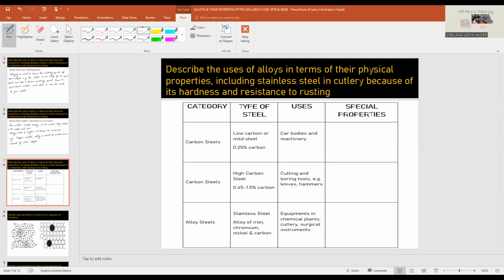Here is a list of carbon steels along with their type and uses. The uses are due to special properties of carbon steel. For example, low carbon or mild steel, which contains 0.25% of carbon, is used in car bodies and machinery. The special properties which make these uses are that they're hard, strong, and malleable.